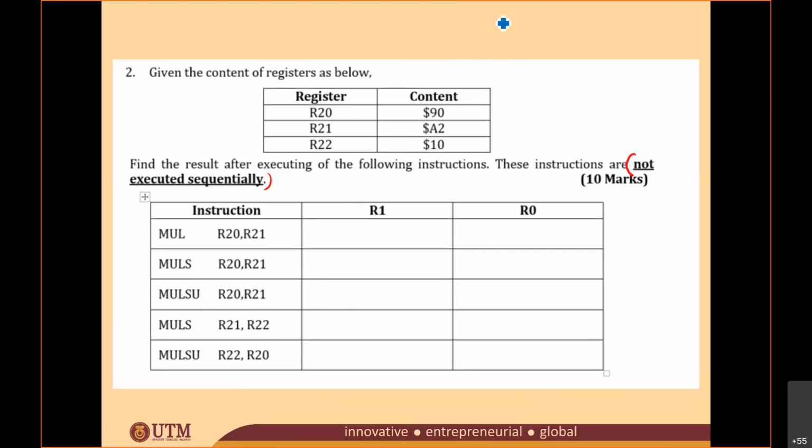For R20, I convert this to binary. It will be 1001 0000. If it is a positive, unsigned number, this value equals how much in decimal? 144.